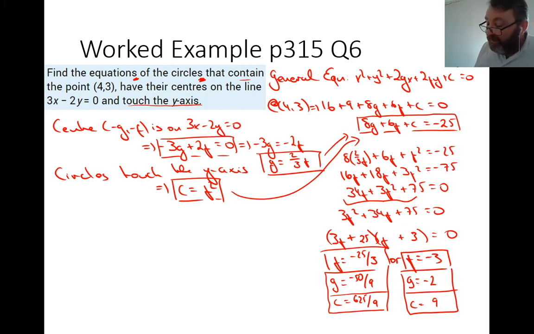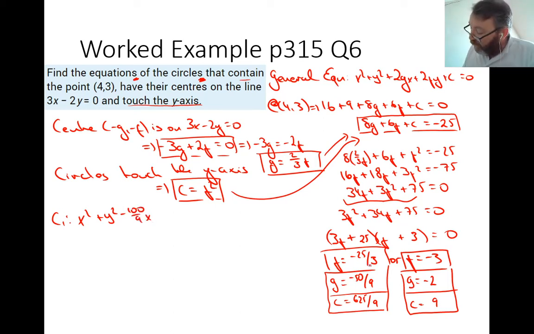So, what are the equations? Well, circle 1. It'll be x squared plus y squared plus 2gx. Well, that's going to give me 100 over 9x. That's okay. Plus 2fy, which is going to be minus 50 over 3y, plus c, which is plus 625 over 9 equals 0.